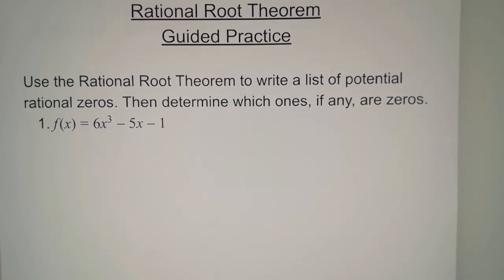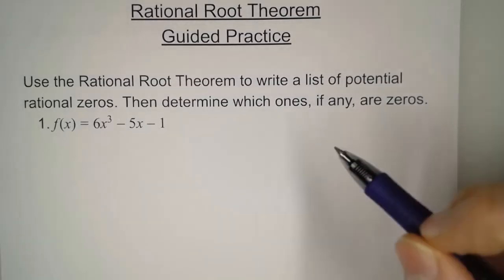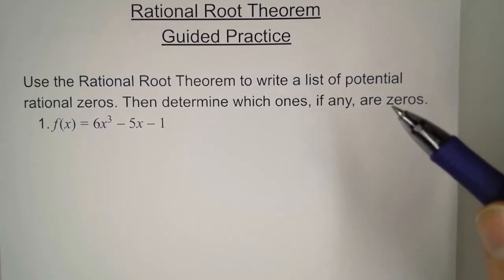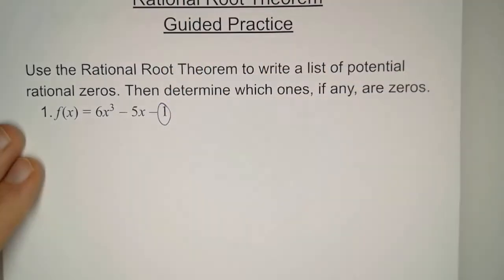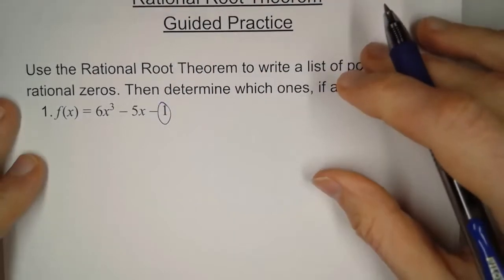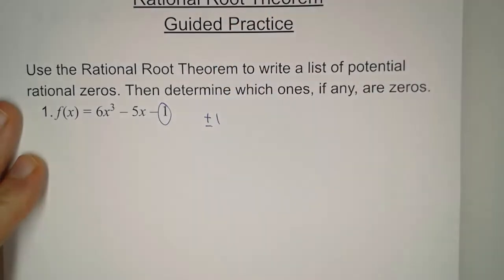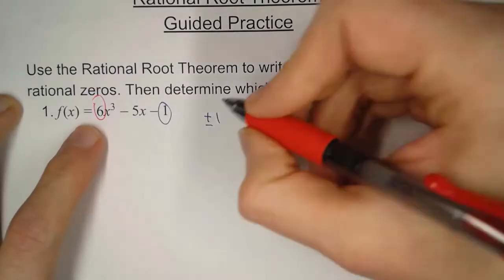So let's get started. We're going to be using synthetic division to figure out if these are zeros, but first we need a list of possibilities. What the rational root theorem says is you look at the last number, 1, and ask what are all the factors of 1? Well, really, plus 1 or minus 1. Then you look at 6 and say, what are all the factors of 6?